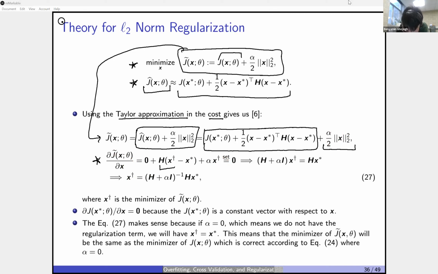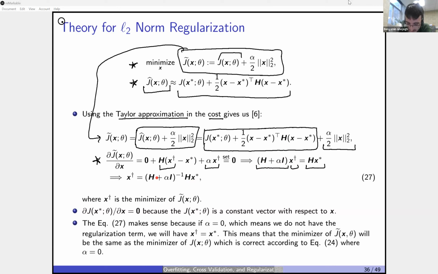We have Hx here, alpha x here. Therefore, I can factor out x here. So it will be H plus alpha I, identity matrix. I have minus Hx star; I bring it to the right hand side. So I'll have Hx star. Now I left-multiply both sides by this inverse, (H plus alpha I) inverse, so this term goes away.